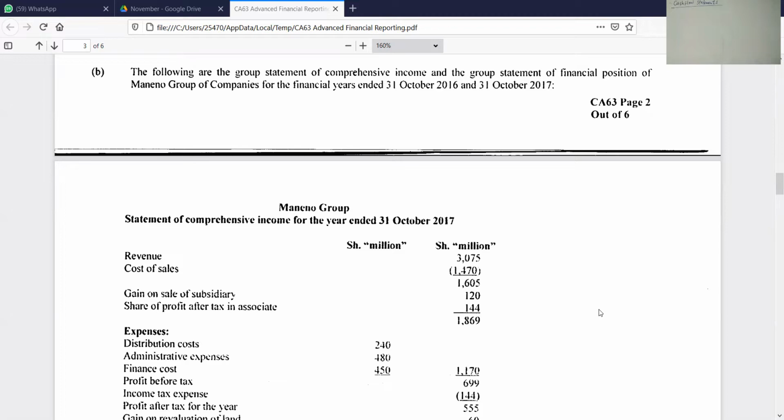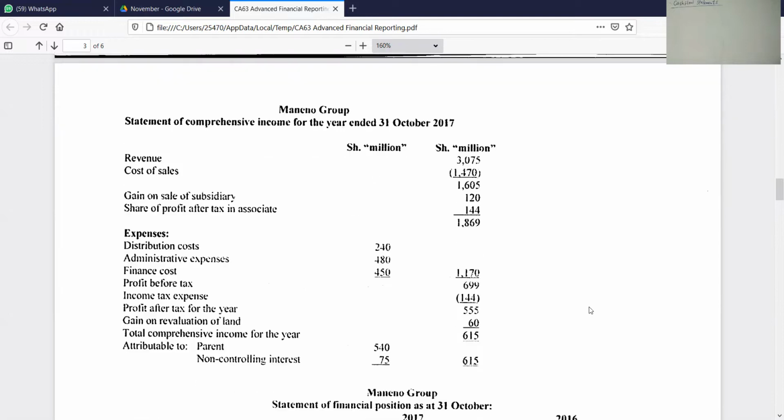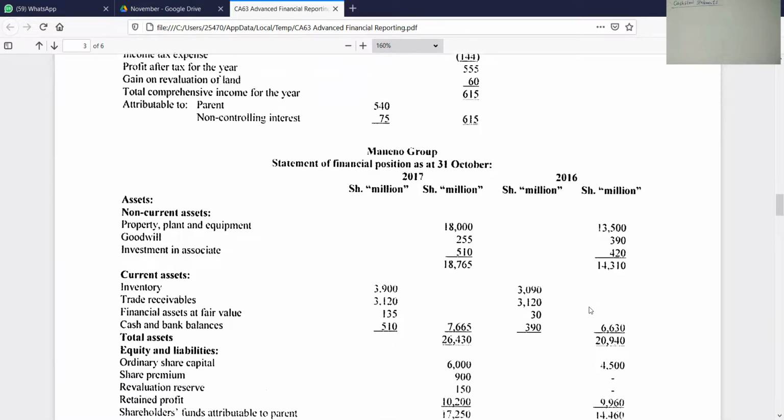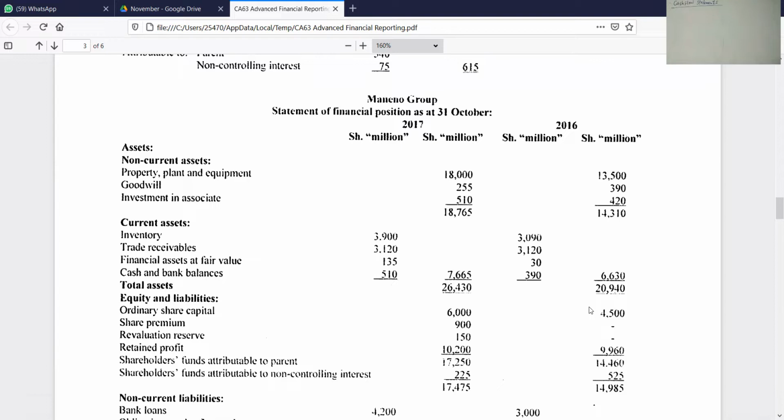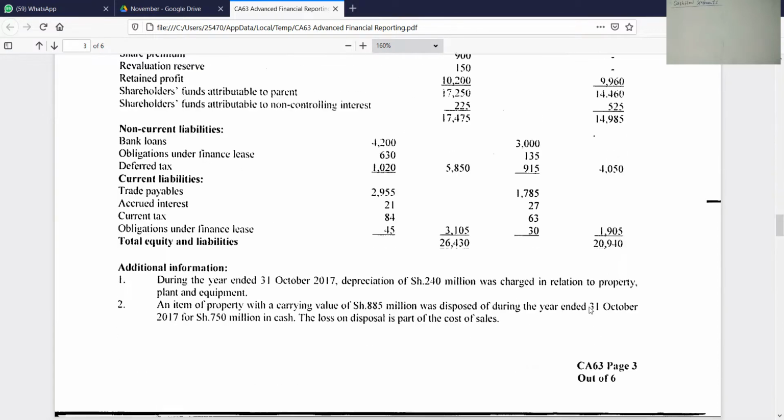So you are given a statement of comprehensive income and a statement of financial position for the two periods.